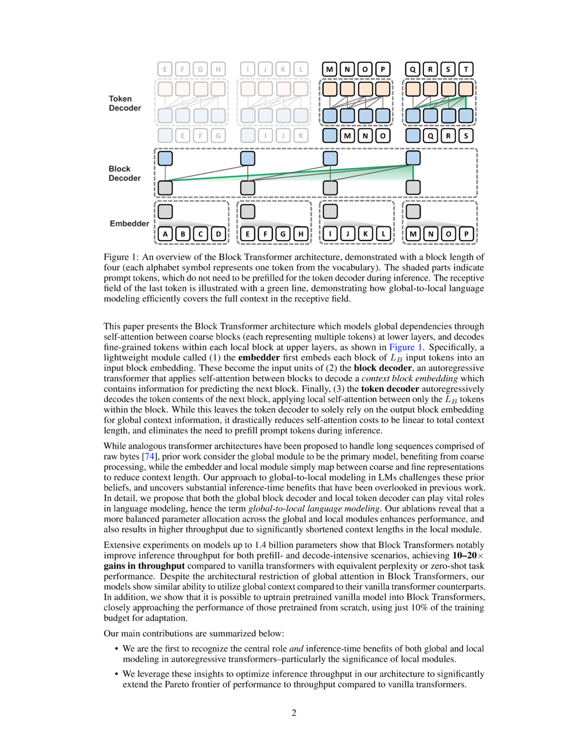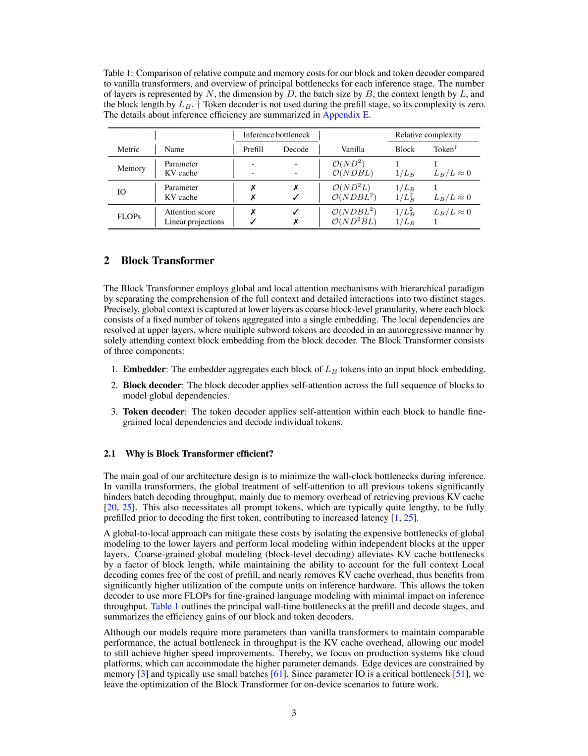Firstly, the global-to-local approach effectively mitigates the costly bottlenecks associated with global modeling in traditional transformers, such as the KV cache overhead and the need for lengthy prompt tokens during inference. This is achieved by separating global context modeling at lower layers in coarse block-level granularity and resolving local dependencies at upper layers within independent blocks.